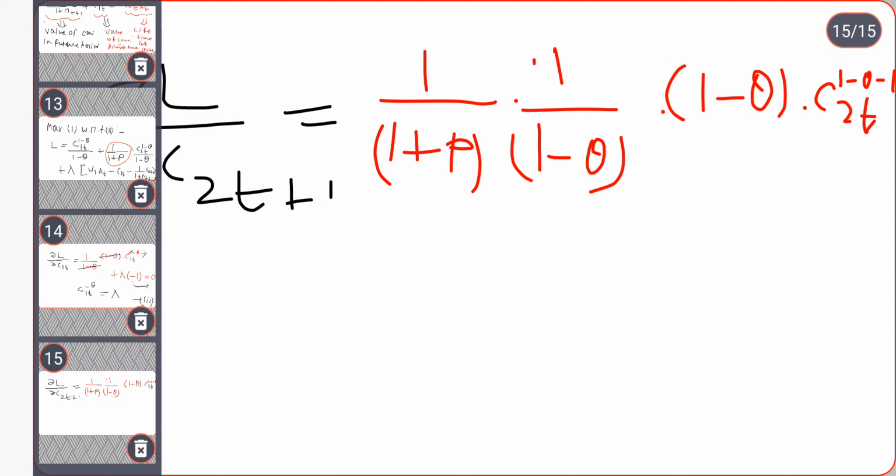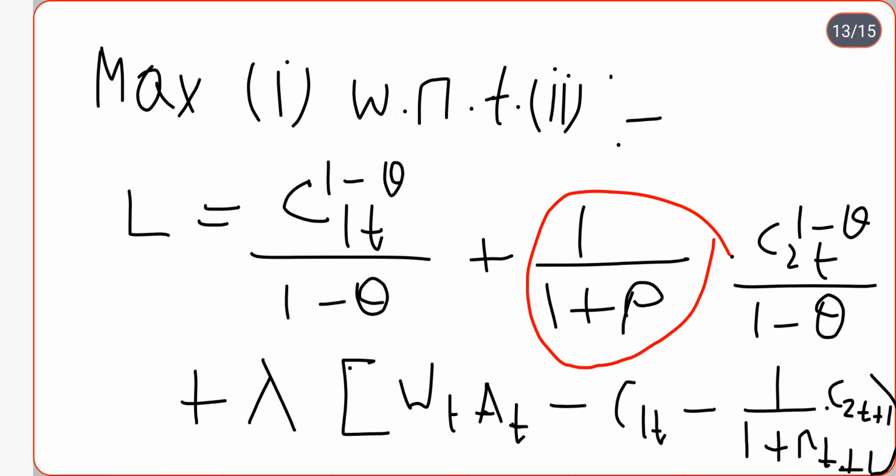And for the part where we have 1 by 1 plus RT plus 1, that will be taken out of the differentiation, and lambda will also be taken out of the derivative, and we will only do the derivative of C2T plus 1. If we do the derivative of C2T plus 1 with respect to C2T plus 1, then we will get 1.